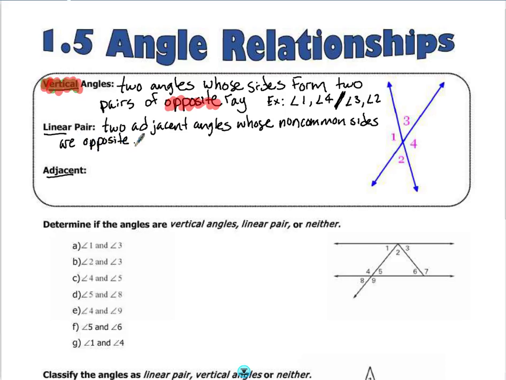That's why it was very important back at the beginning of chapter 1 that we can identify where opposite rays were located. So angles, also it's helpful to understand linear pairs are examples of angles that are supplementary. Angles are supplementary.